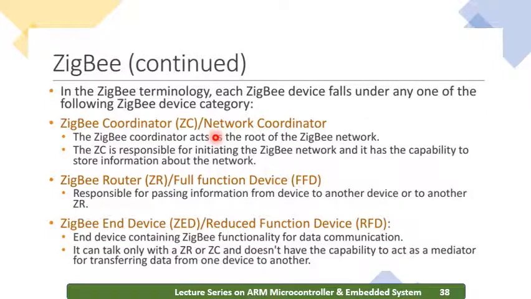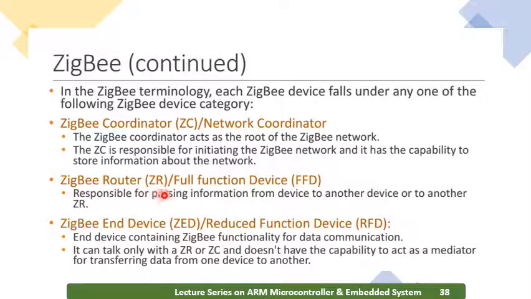Every ZigBee network, whatever model we have, will be using these: a ZigBee coordinator or network coordinator, a ZigBee router, and a ZigBee end device. The ZigBee coordinator acts as the root of the ZigBee network. It is responsible for initiating the ZigBee network, and it has the capability to store the information in the network.